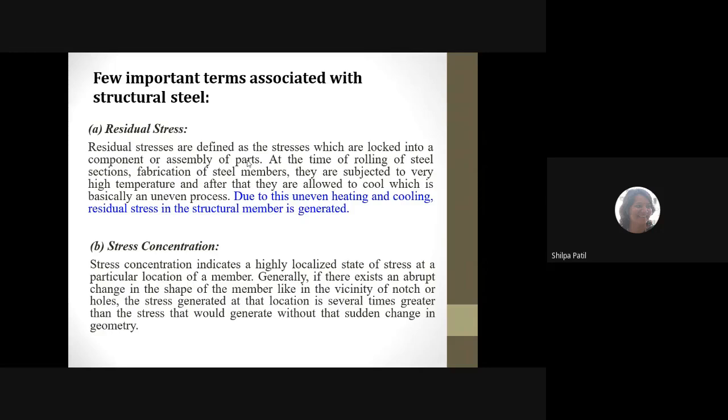We want to avoid the reduction in area of the section also, because when we make a hole, we are reducing the sectional area at a certain location, and we are concentrating the stresses. So to avoid that and to get a very strong section, we go for welded connections for very important structures. Okay, so these are the two important aspects, and due care of these aspects has been taken in the design, that you will come to know when we start the actual design steps.